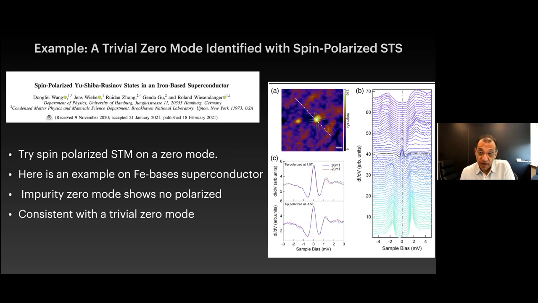It also lives very sharply near this defect. And what they found is that using this spin polarized technique, they could see no contrast for this zero bias peak, basically showing that most likely this is a trivial mode.